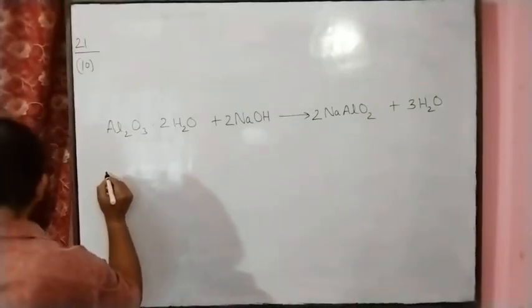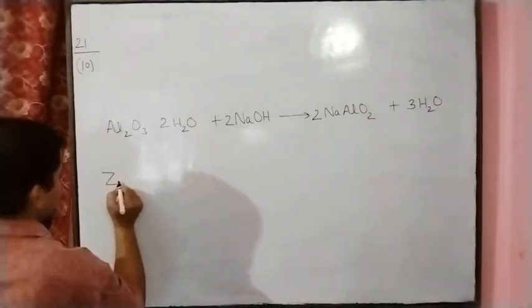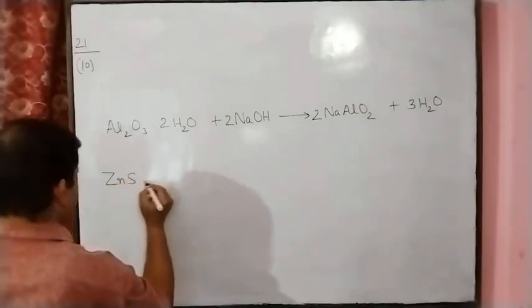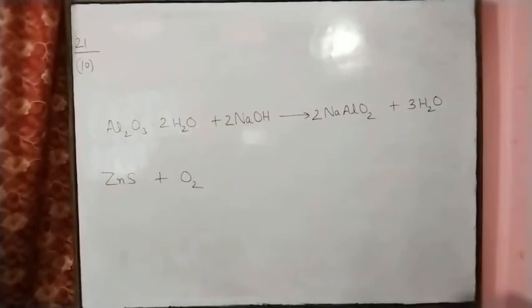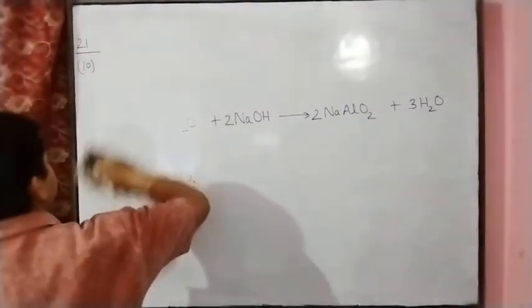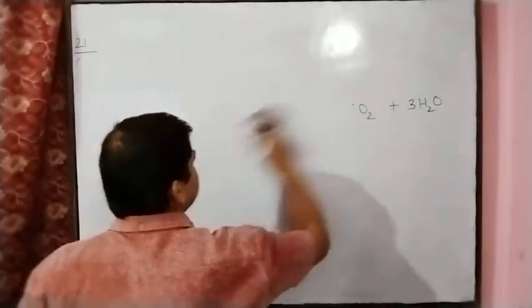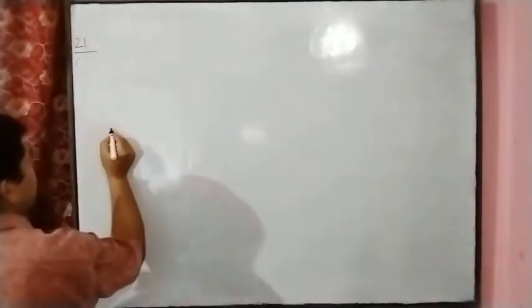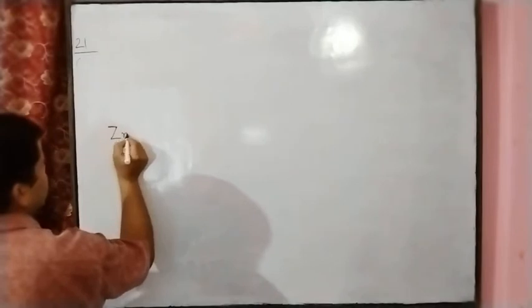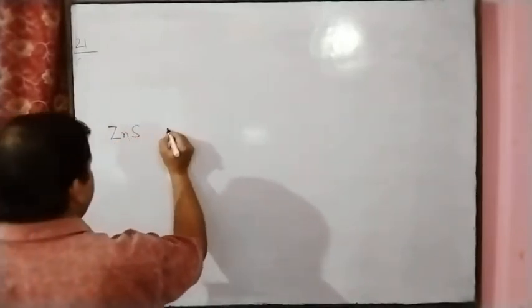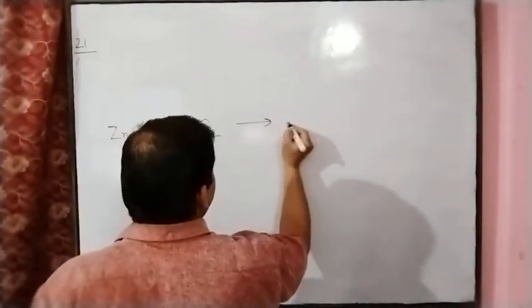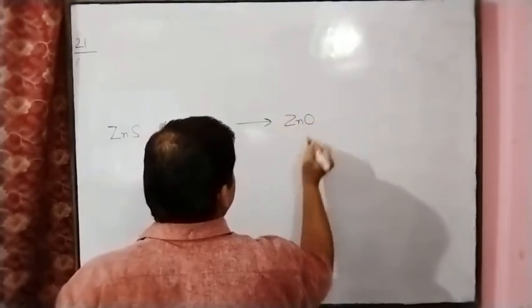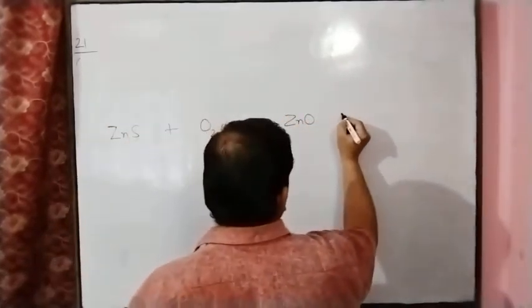Here this is given: zinc sulfide reacts with oxygen, giving zinc oxide plus sulfur dioxide.